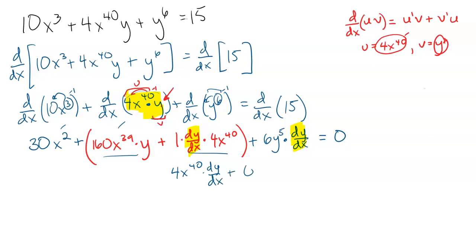This other term still is a 6y to the 5th times our dy dx. And on the other side are these 2 terms that are going to move. So if I subtract them on both sides, I end up with, on the left side, negative 30x squared and minus 160x to the 39th y.